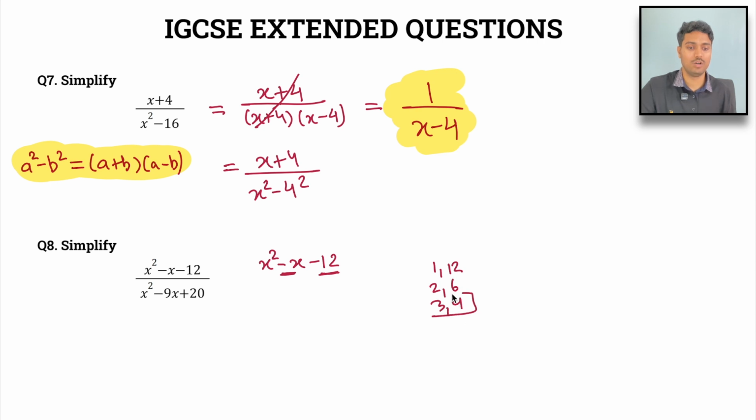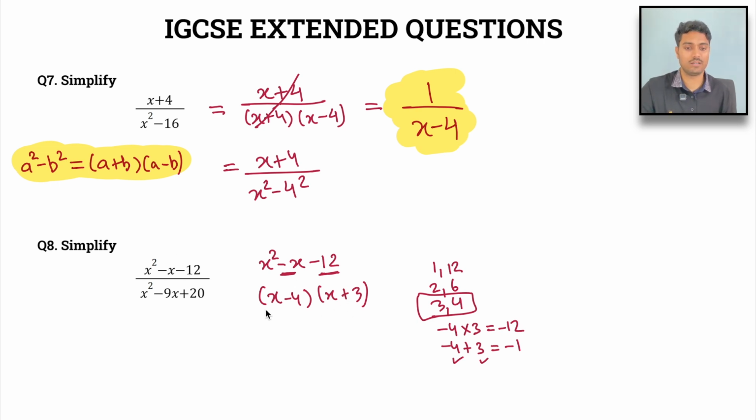Now we know that only 3 and 4 can give us 1, because 3 into 4 is 12 and 4 minus 3 is 1, but we also have to keep the signs in mind. That means we can multiply negative 4 with 3 to get negative 12, and negative 4 plus 3 to get negative 1. That means we can write it as x minus 4 and x plus 3, because we have taken negative 4 and positive 3. So these are the factors of the expression written in the numerator.